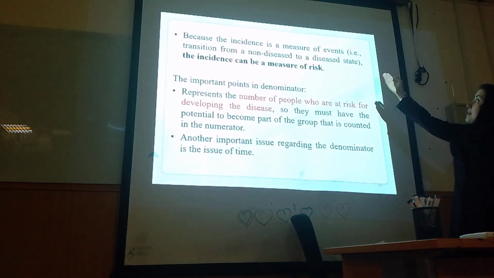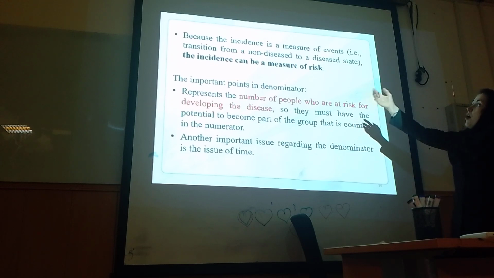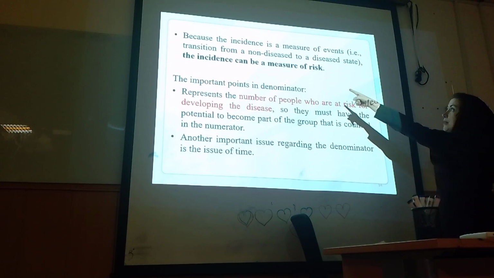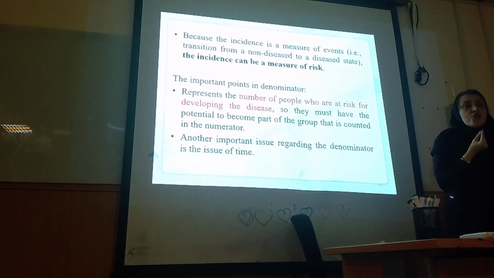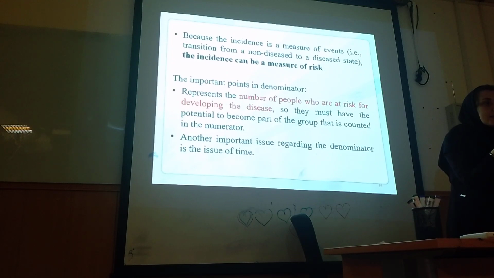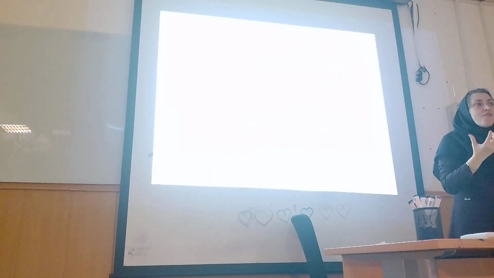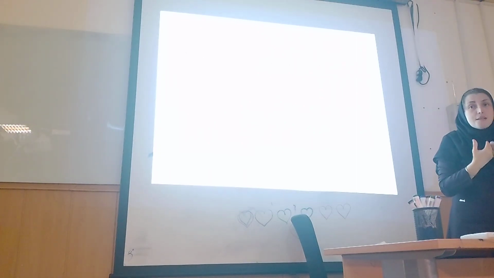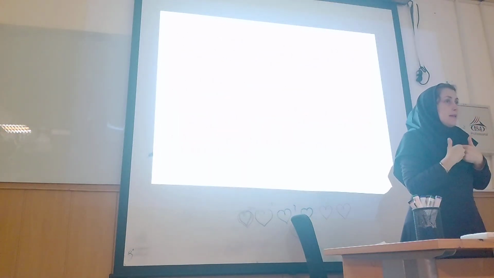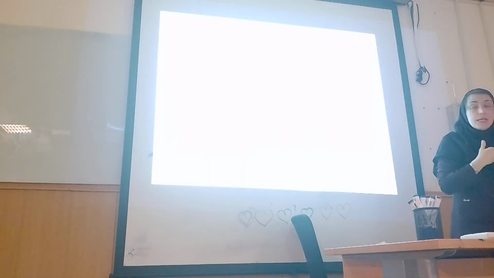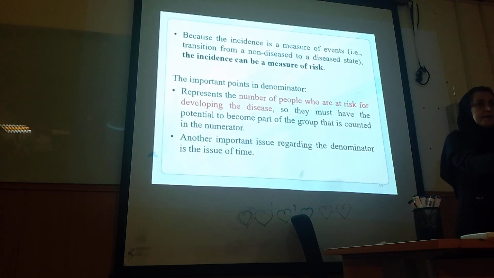Because the incidence is a measure of events, the transition from a non-disease to a disease state in a high-risk population, the incidence can be a measure of risk. It shows us the risk of being infected, the risk of being diseased. If I am diabetic, I cannot become a diabetic patient again.